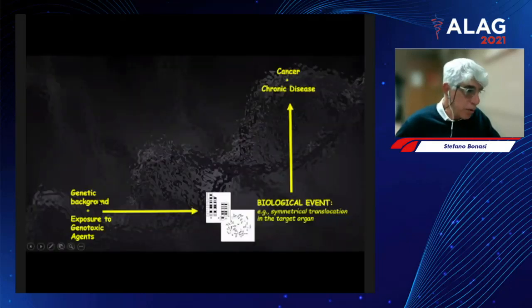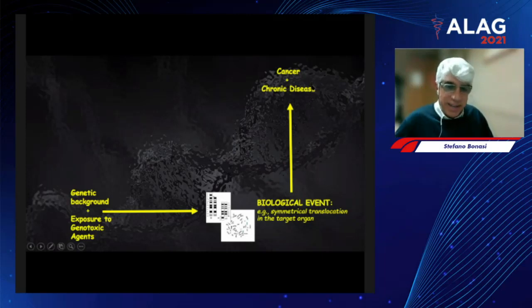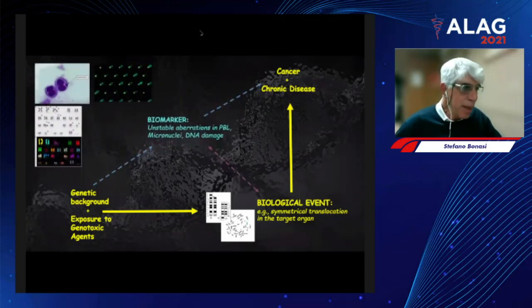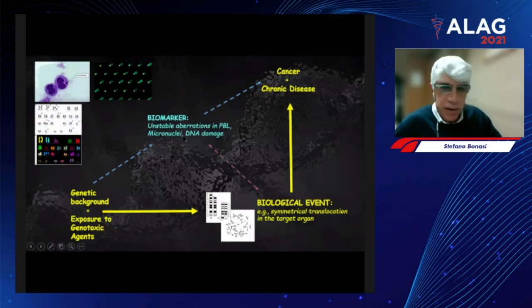So this is a design that has been used several times in the past, based on the idea that you start from genetic background and exposure. The combination of these, through an intermediate step, induces cancer or chronic diseases. The idea is that we can use some surrogate which is associated with the exposure and genetic background, but which can also predict cancer.